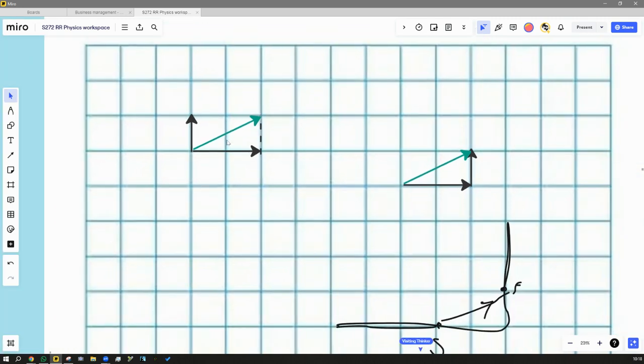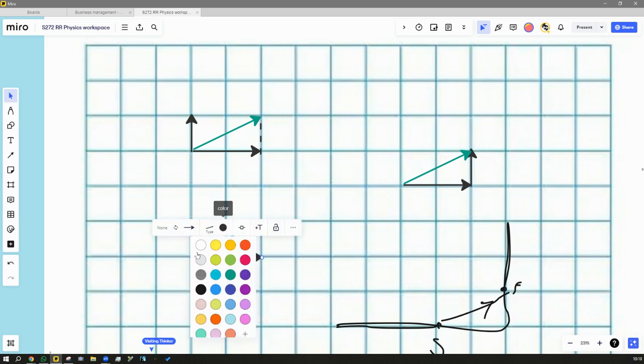Well, if we started the other way around and we had just a single force, so just one person pulling on a rope maybe at that angle to the horizontal, then we can actually do the opposite, and we can divide this single force into two, as I say, two components.